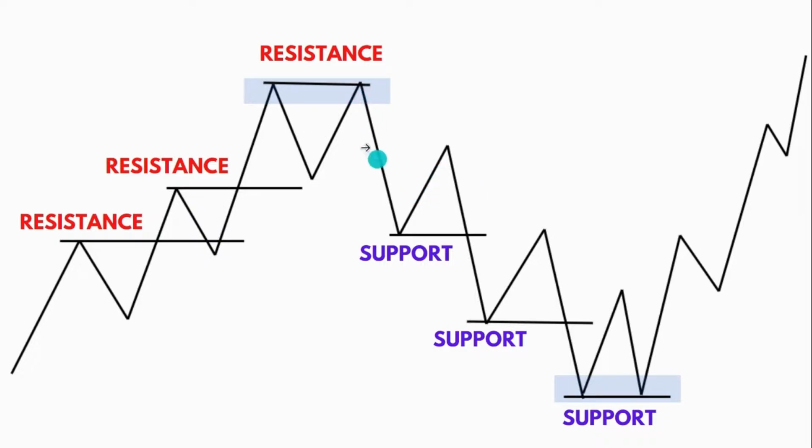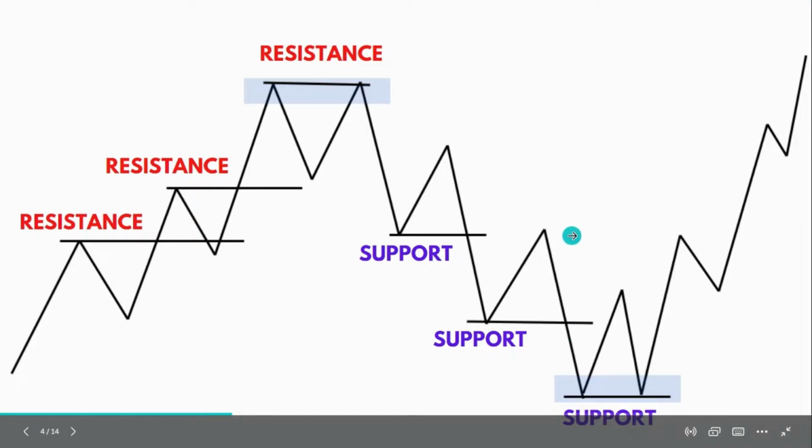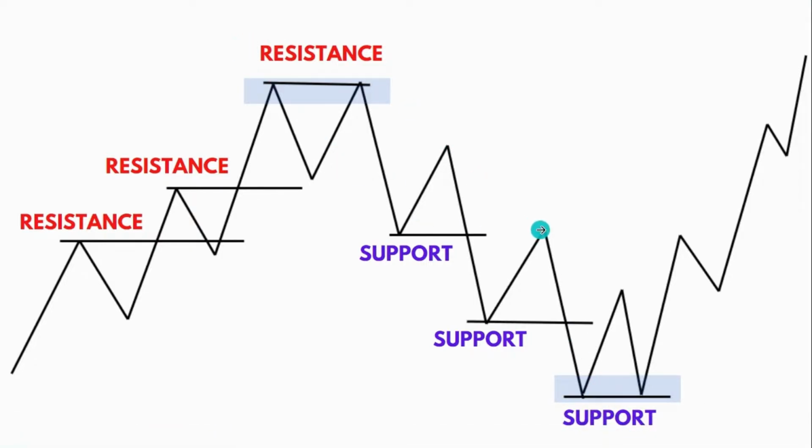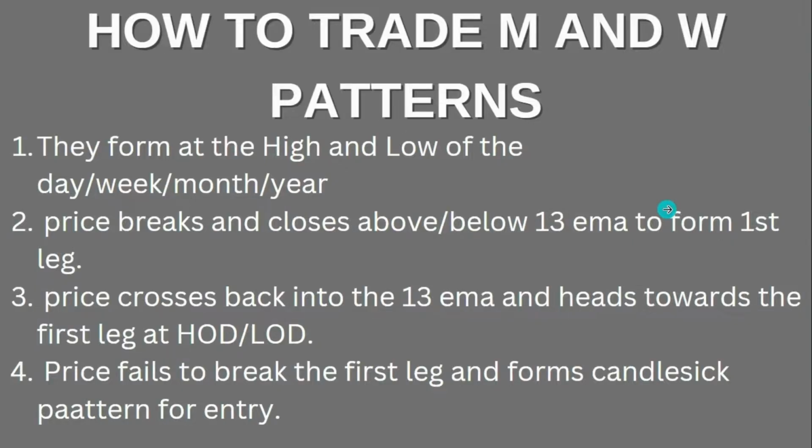And then once the market reverses, it begins to break structure, forming lower highs and lower lows. The lower lows form supports, till they refuse to break the support once more. Just the way they refused to break the resistance, when they refuse to break the support, we can expect a W formation for price to reverse back up.